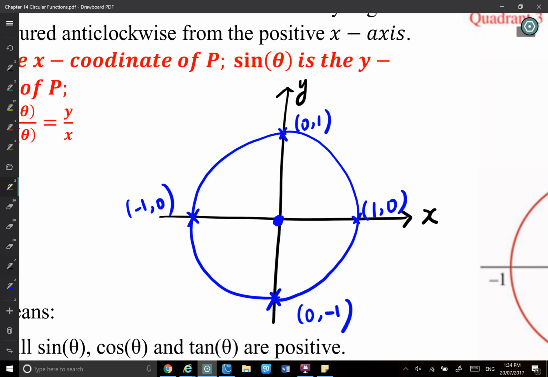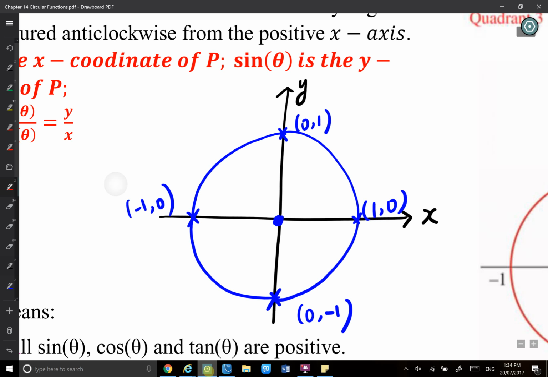We start from the positive side of the x-axis, not from the y-axis, and we turn this way. If you go anti-clockwise, that's a positive angle. If you go clockwise, that's a negative angle.